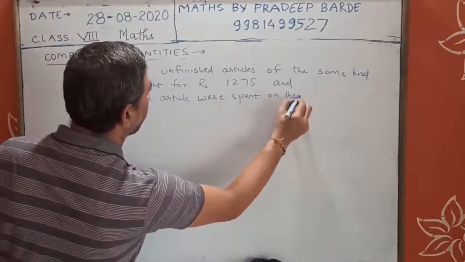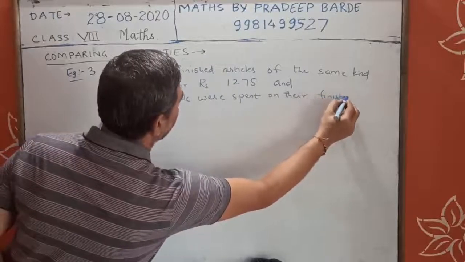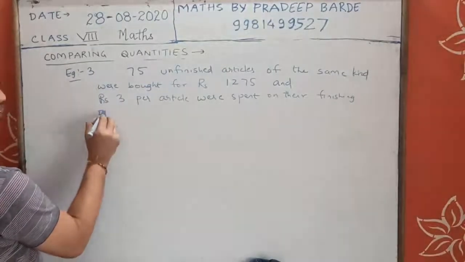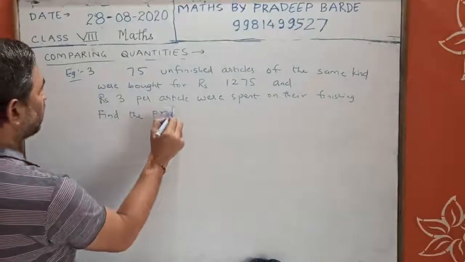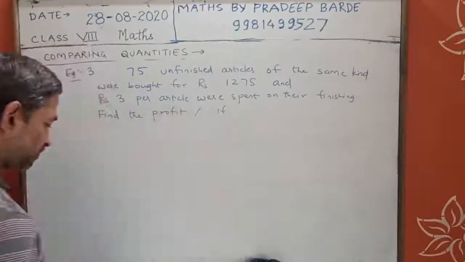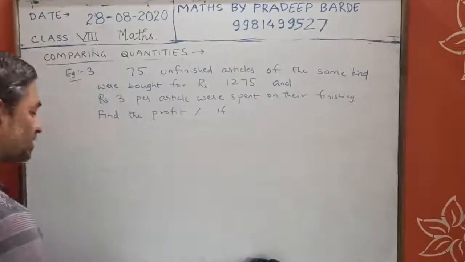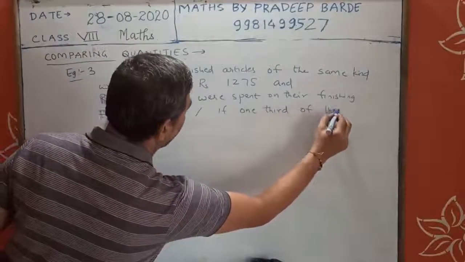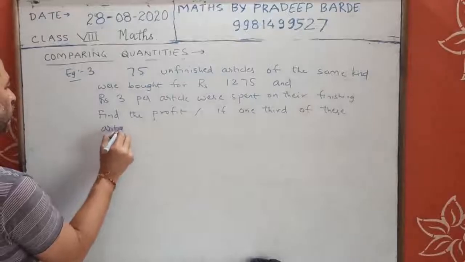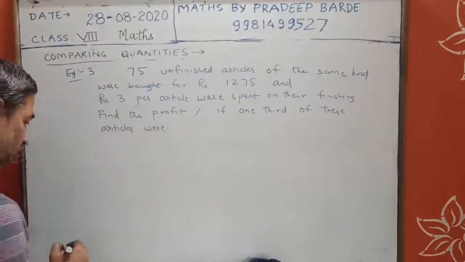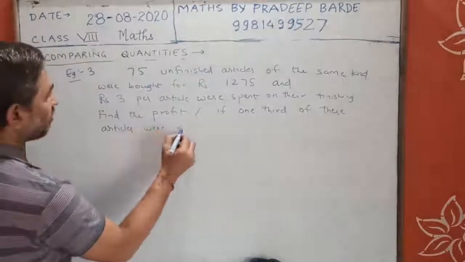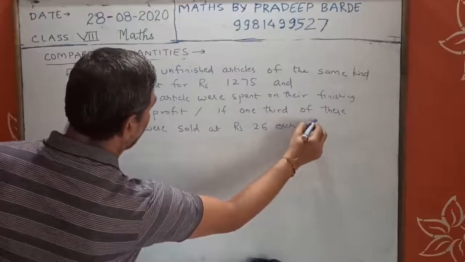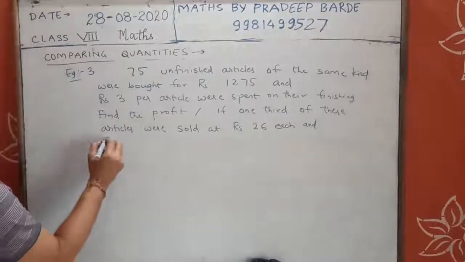Find the profit percent if 1/3 of these articles were sold at rupees 26 each, and remaining at rupees 22 each.